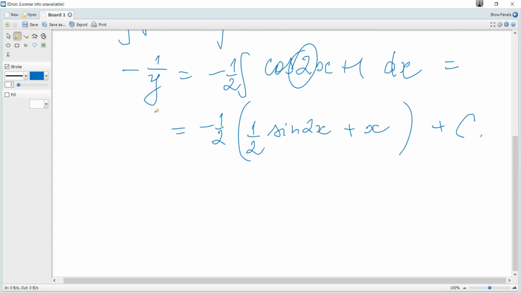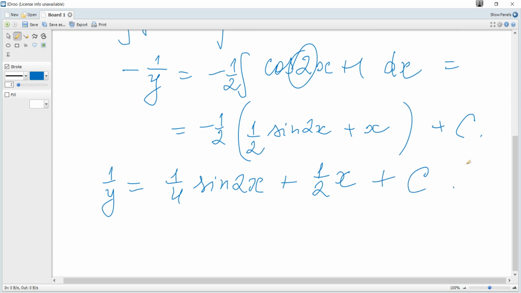And let's divide each term by negative 1, so it becomes 1 over y is plus a half here, and let's expand, so it's 1 over 4 sine of 2x plus a half x, and it's minus constant, but negative a constant is just another constant, so we can just write plus c.